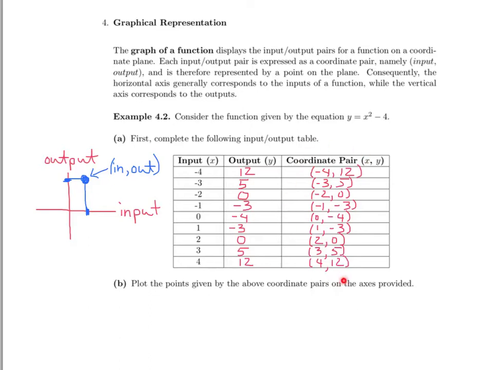So these coordinate pairs here are ready to be plotted on a coordinate axis system like the one shown here. On the next page, I have a set of axes ready for us to plot these points.